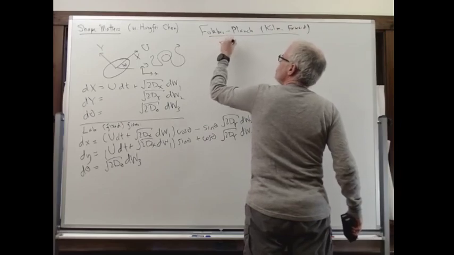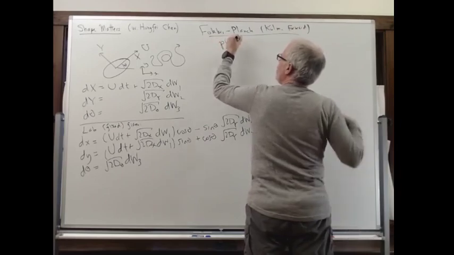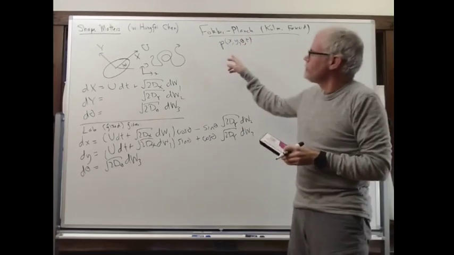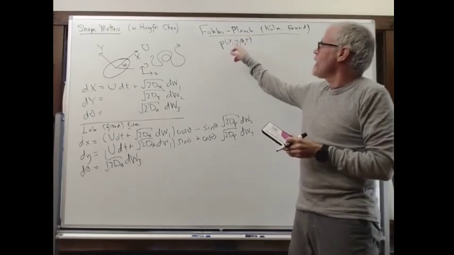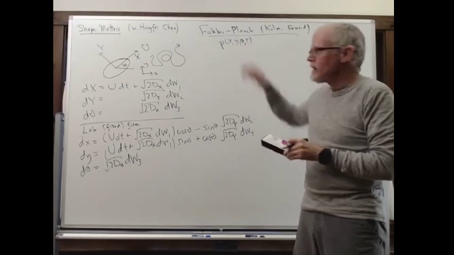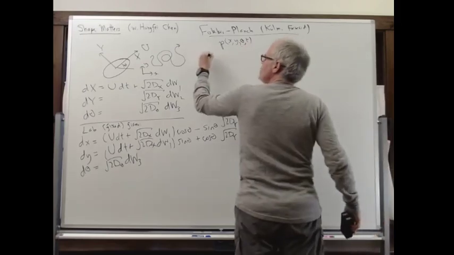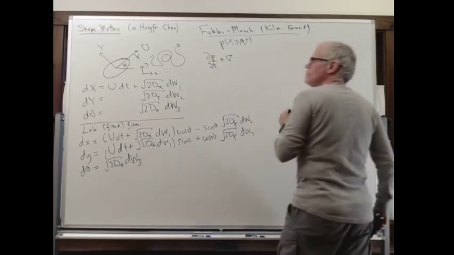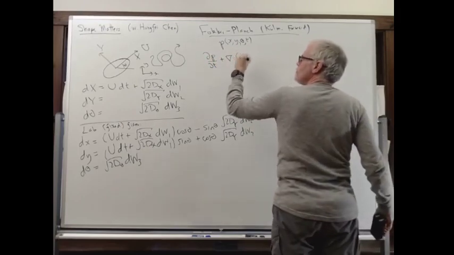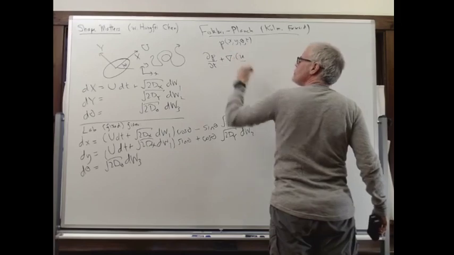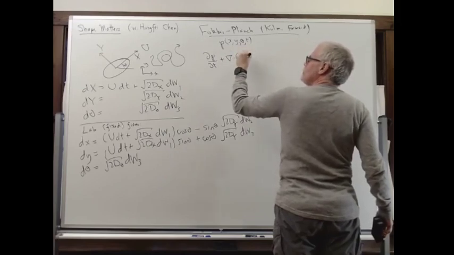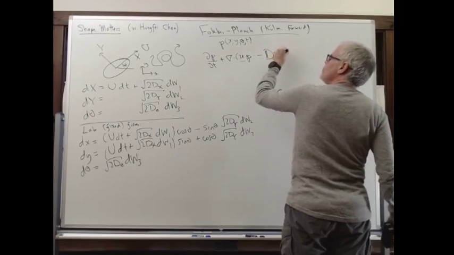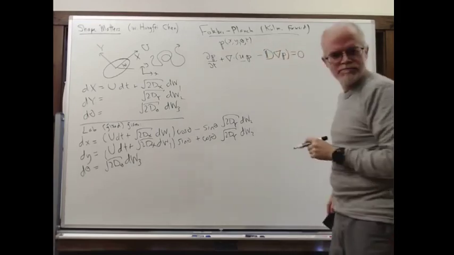So it's a PDE for a quantity p(x, y, theta, t). It tells you the probability of finding the swimmer at position x, y and angle theta at time t. And this PDE just looks like dp/dt plus the divergence of a drift u times p minus a diffusion tensor times grad p is equal to 0.